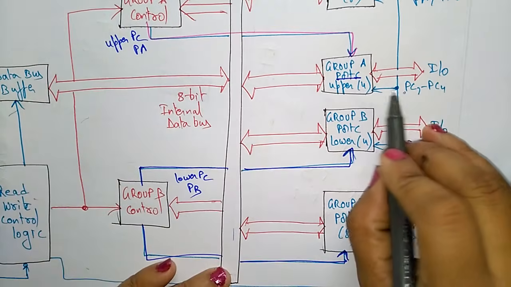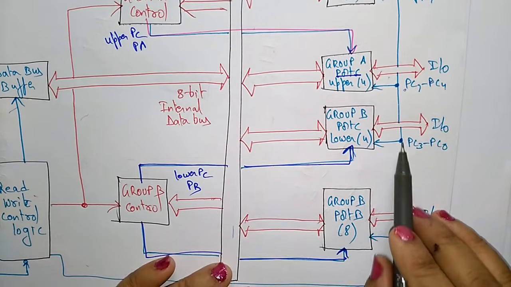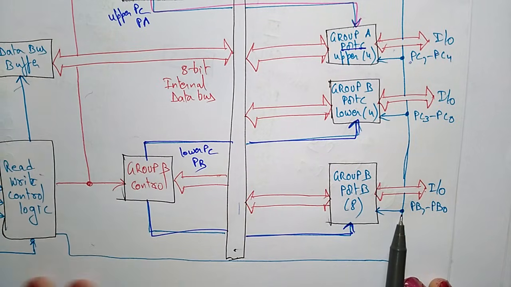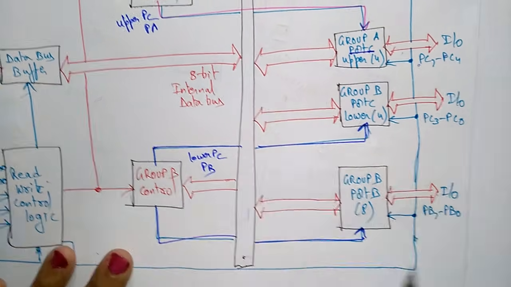Here also 4 bits are connected to input output devices, and these 4 pins are connected to input output, a total of 8 pins.